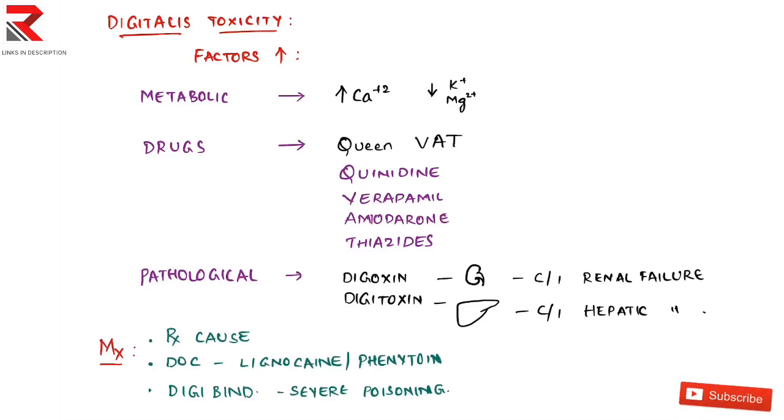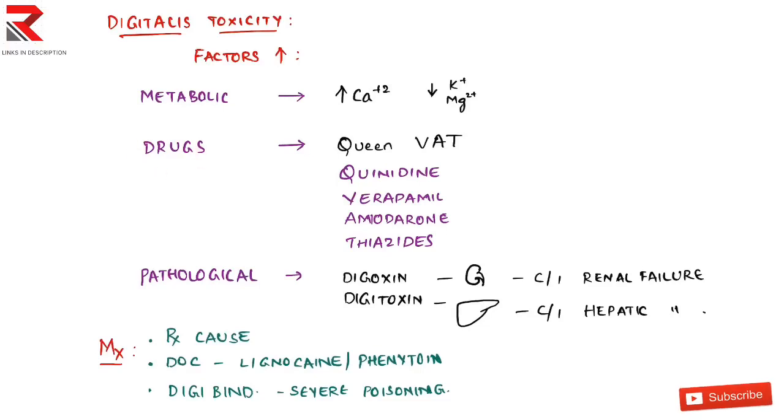In the metabolic, when there is an increase in the calcium inside the blood, that is hypercalcemia, then we have more precipitation of digitalis toxicity. And also hypokalemia or hypomagnesemia is associated with digitalis toxicity.